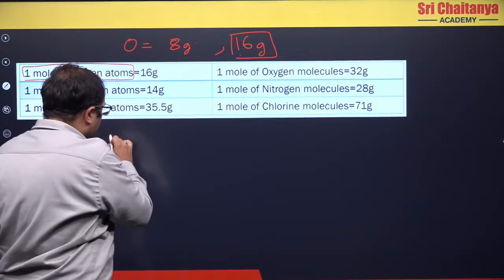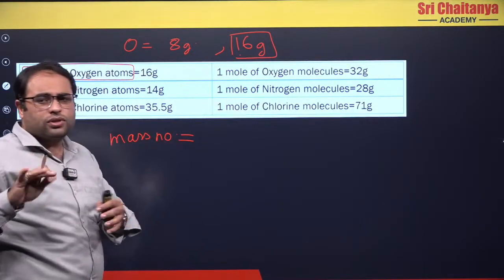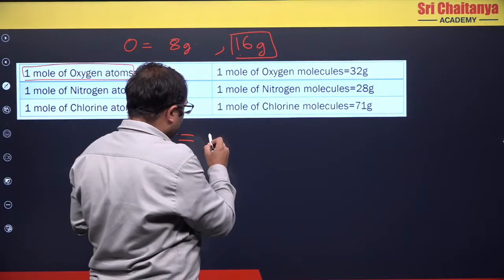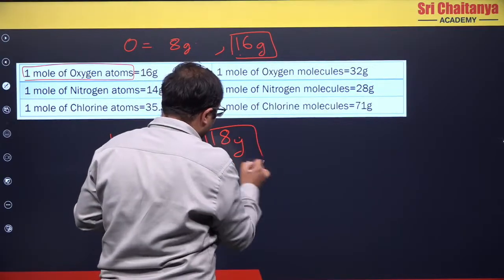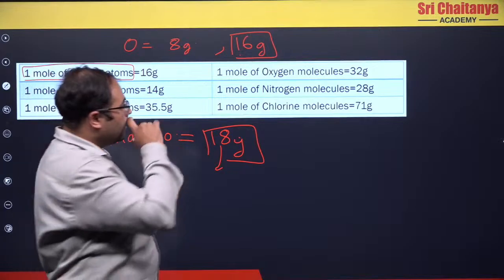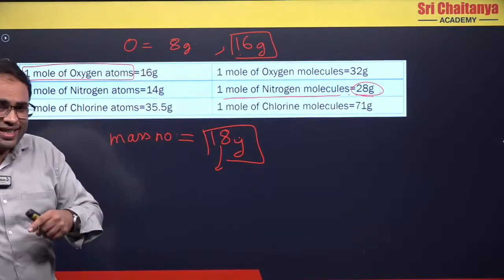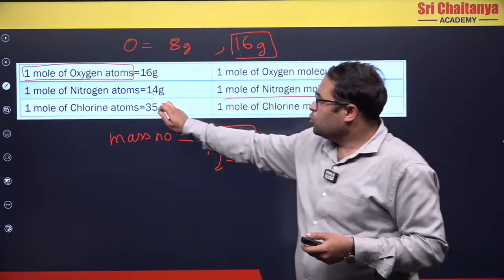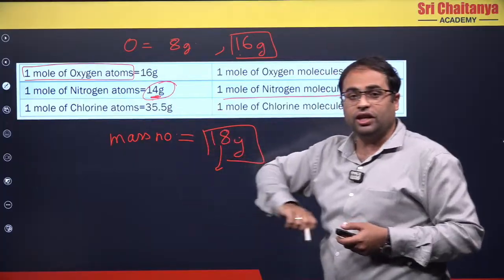Normally you will find that the mass number is mostly equal to this, and here the mass number of oxygen is 16. 1 mole of nitrogen molecules is 28 grams. 1 nitrogen atom has atomic number 7, so 2 multiplied by 7 becomes 14, so you'll get 14 grams here.